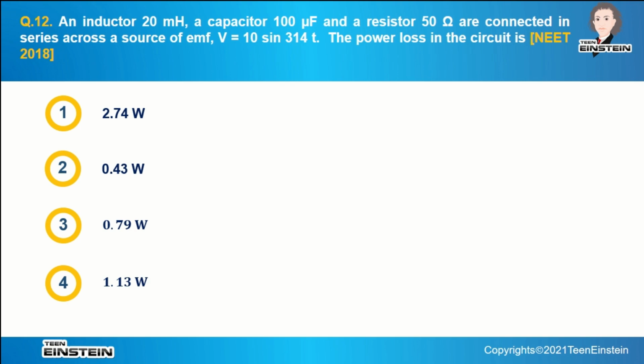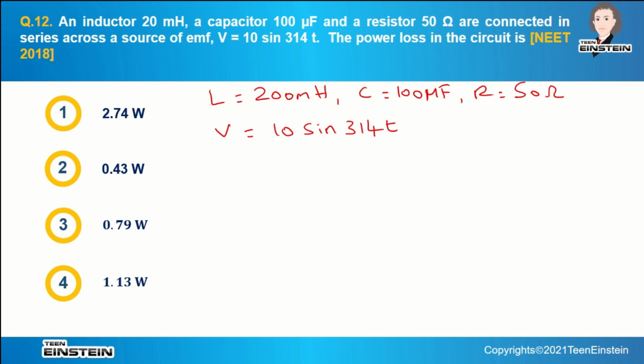Here they have given the inductor value as 20 mH, the capacitor value as 100 microfarad and the resistor value as 50 ohms. The EMF is 10 sin 314t. From this equation, your omega is 314 and your V naught is 10.